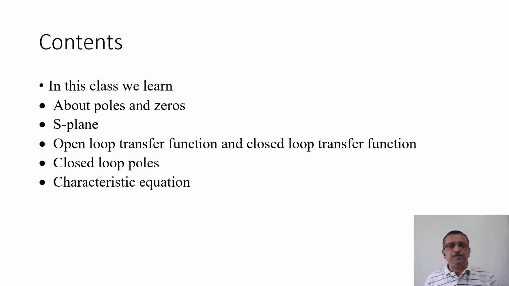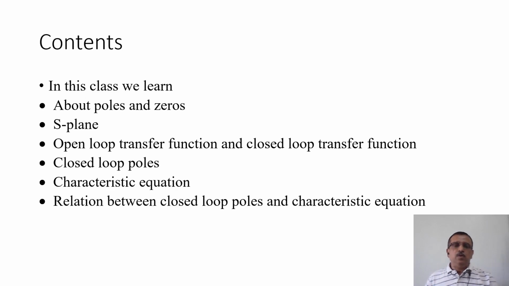Then the characteristic equation. Many things we can analyze using the characteristic equation. Then the relation between closed loop poles and the characteristic equation. This particular line I edited many times, because the relation means they are one and the same. The closed loop poles are the same as the zeros of the characteristic equation.